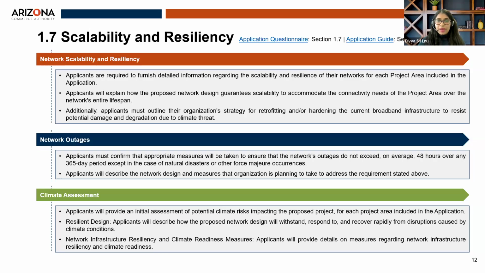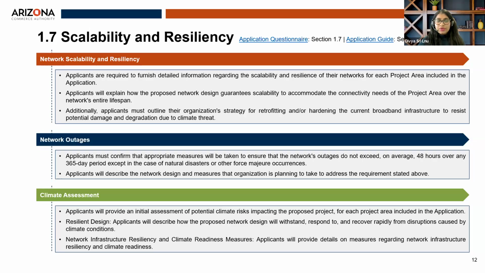The third one under this is the climate assessment section, where applicants will provide an initial assessment of the potential climate risk impacting the proposed project. Based on the identified risk, applicants will describe how the network design will recover rapidly from the disruptions caused by the climate conditions. This would involve describing the strategies that the organization plans to adopt. It could include flood damage resistance or the design of self-healing topologies and things like that.